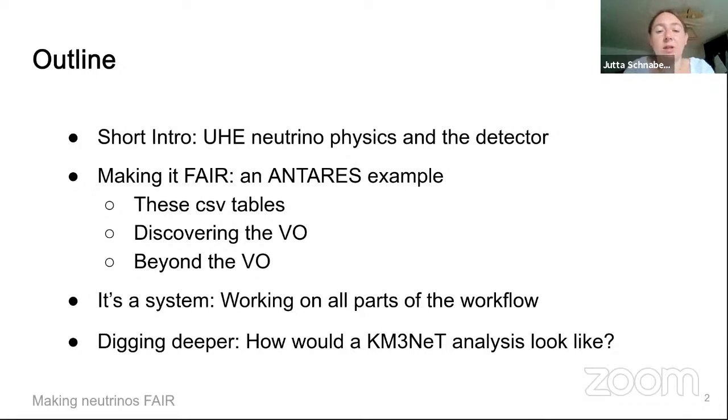And then, using an example by Antares, which is basically the older but smaller sister of KM3NeT, we'll show how we were progressing from the old style, where the CSV table that you could download somewhere or get from your colleague by a nice request, is progressing nicely towards an interoperable environment. And then last but not least, Tom is going to give a short introduction in a small hands-on analysis to a possible analysis workflow with a full data set.